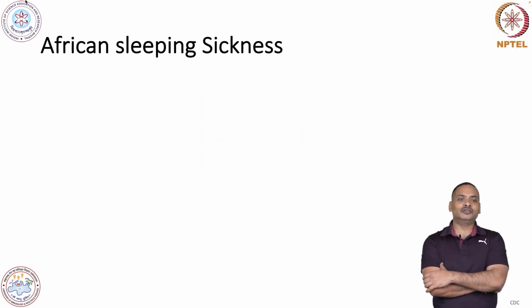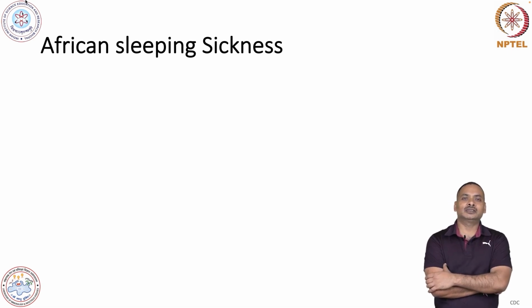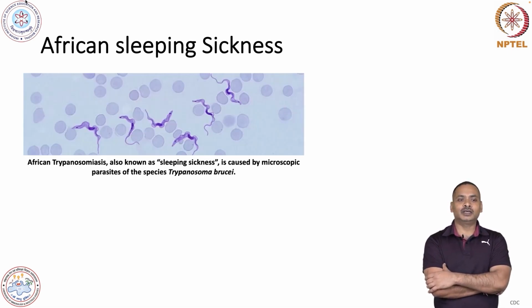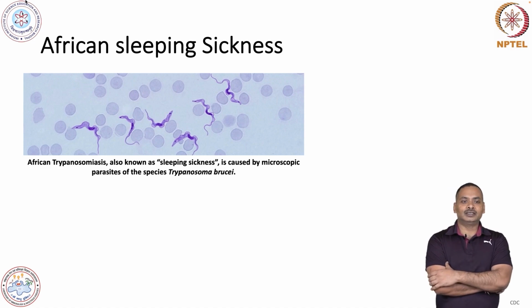So let's begin. African sleeping sickness is basically caused by Trypanosoma brucei, and here you can see this blue or violet colored parasite, which is a flagellated parasite.